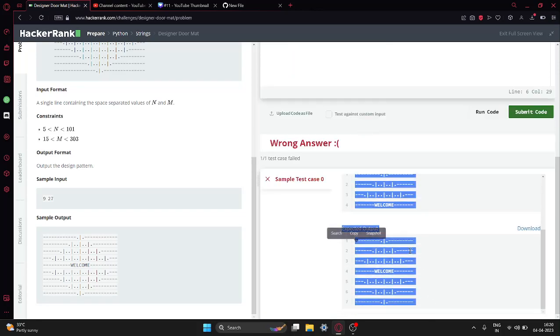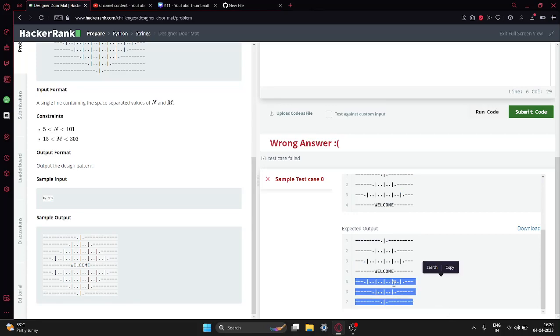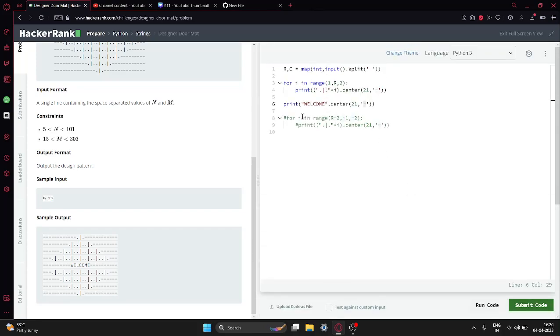Yes, it came until here, and we need to do this part. In this part we need to decrease the number of symbols, like 5 to 3 to 1. Here we are creating a for loop, which in the upper part was increasing, and now it is decreasing: R minus 2 down to minus 1, until minus 1. This is the starting point, this is the ending point, and this is the step.